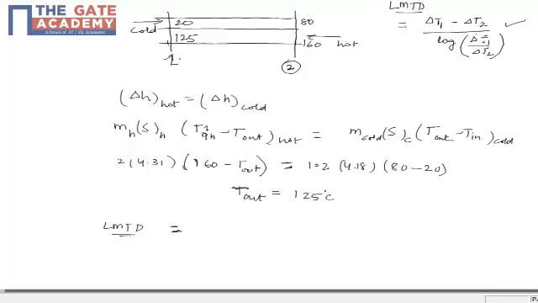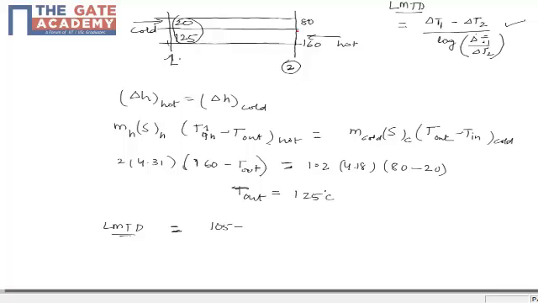So you take the difference here, which is 125 minus 20, a positive difference, so it becomes 105. So delta T1 is 105, and delta T2 is the difference at the second end.